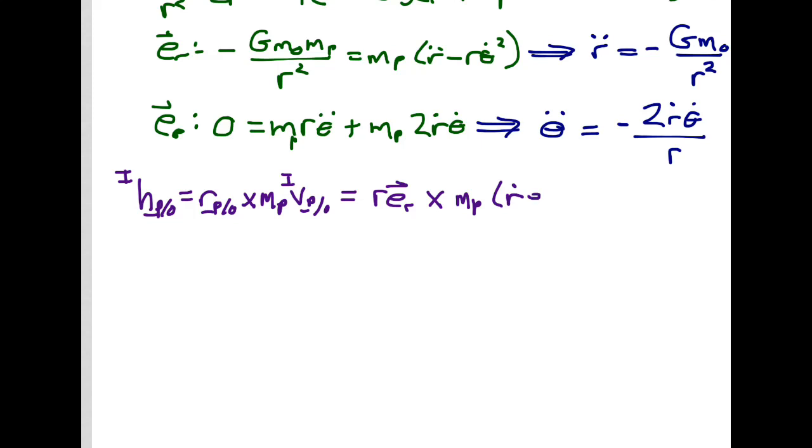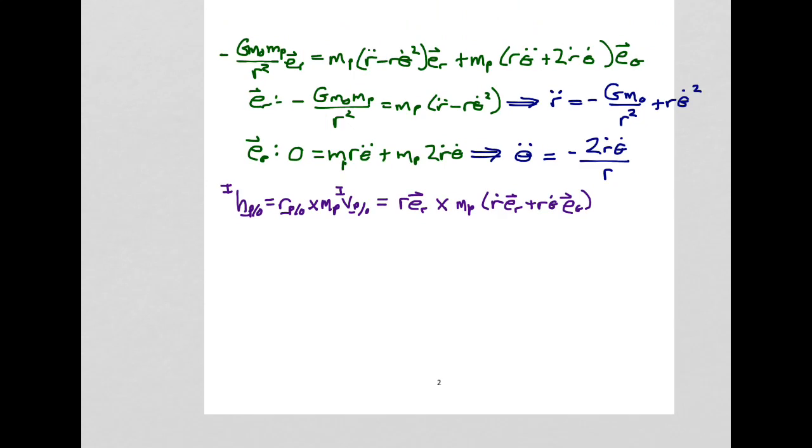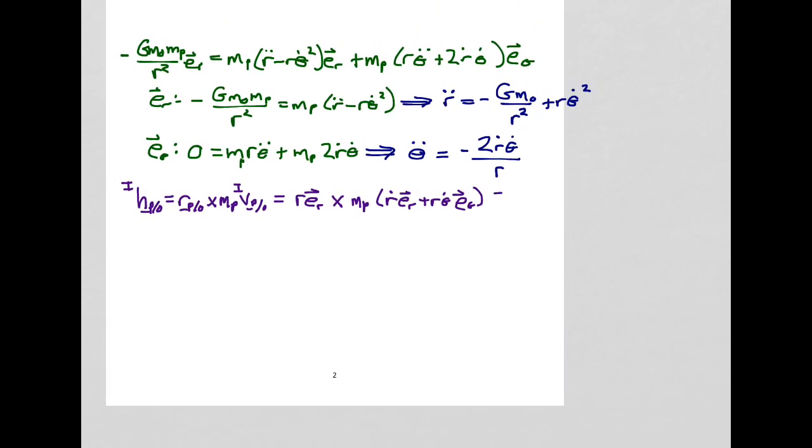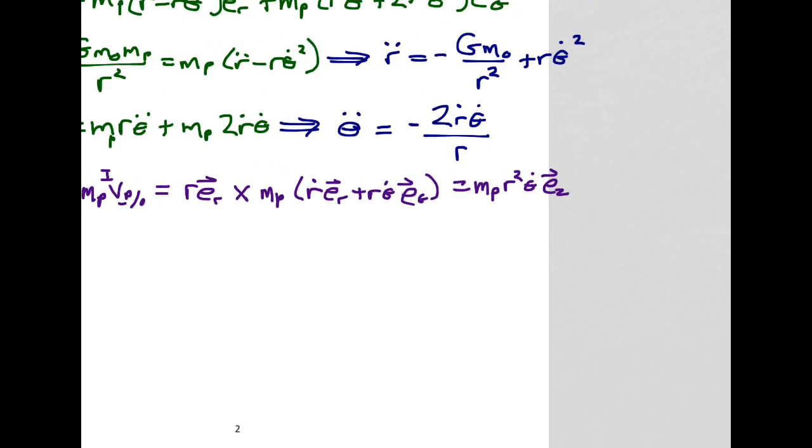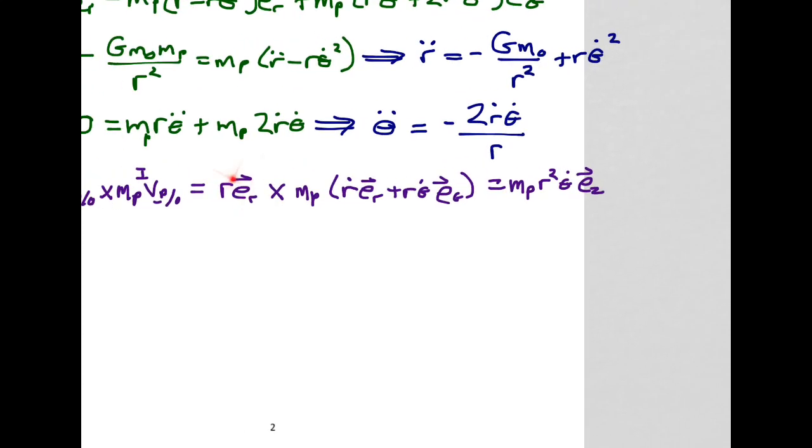So it's r dot in the e_r direction plus r theta dot in the e_theta direction. And then this gives us the vector m r squared theta dot, and this is in the e_z direction, because when we cross e_r with e_r we get 0. When we cross e_r with e_theta, that gives us e_z.